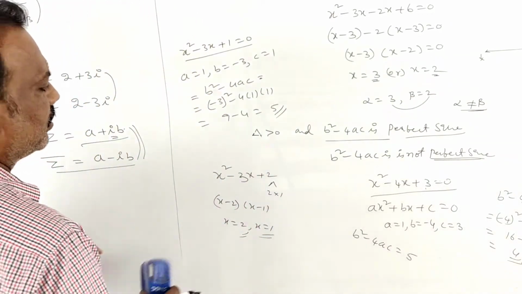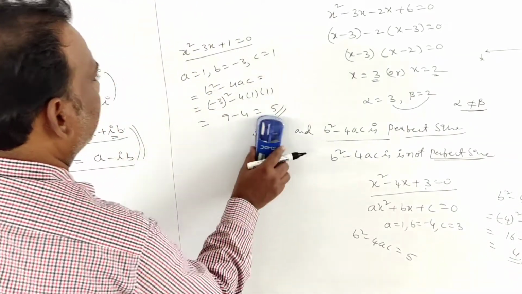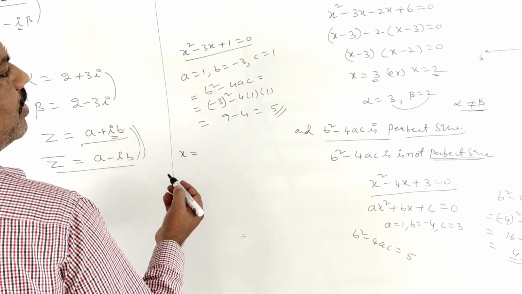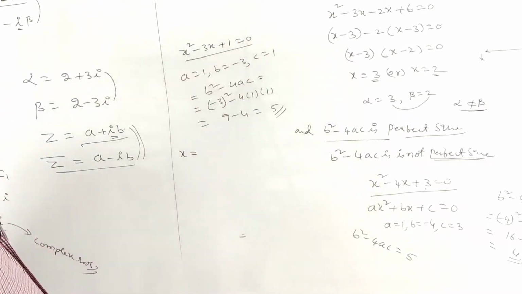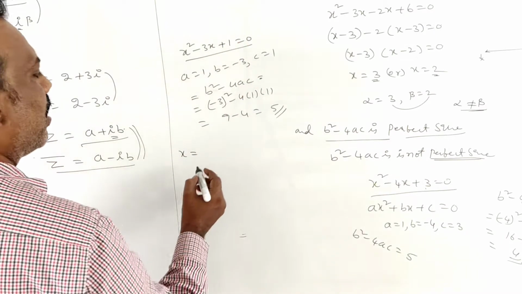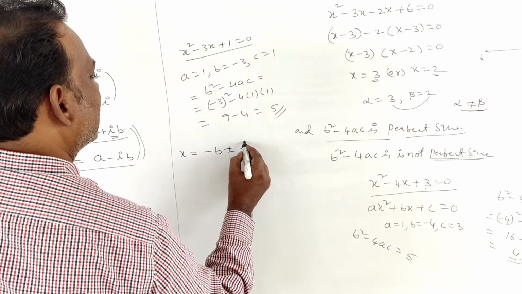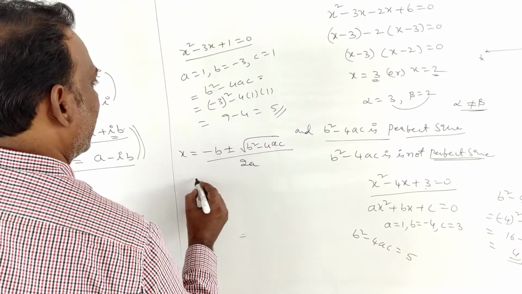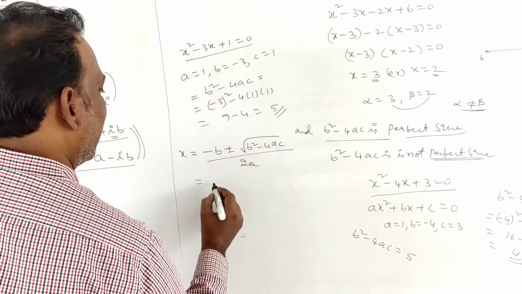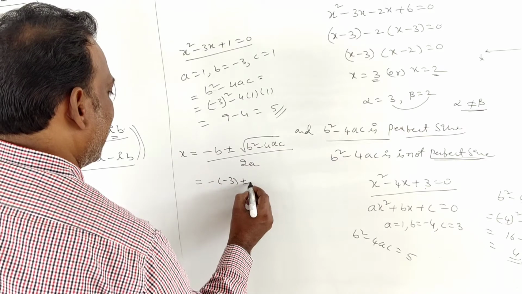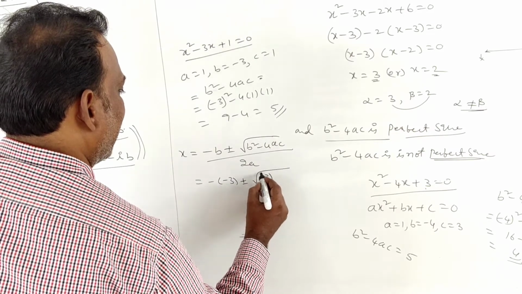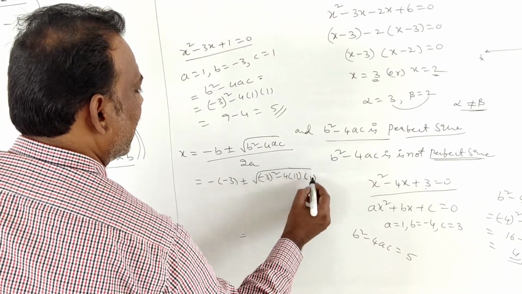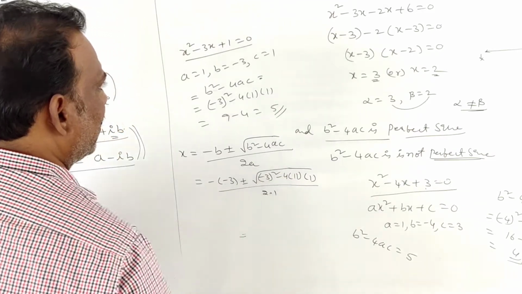Sir, how would we know the roots are irrational? Just check it here. You can apply the formula. x is equal to, we don't get the direct roots here by factorization. So minus b plus or minus square root of b square minus 4ac upon 2a. Minus of minus 3 plus or minus root of minus 3 whole square, 4 into a value 1, c value 1, upon 2 into a value 1.